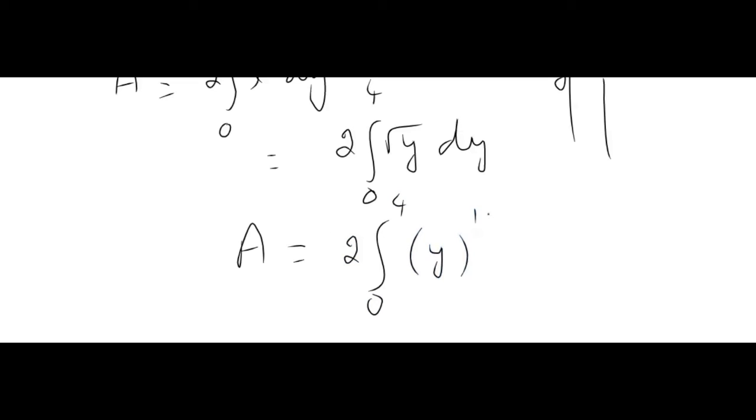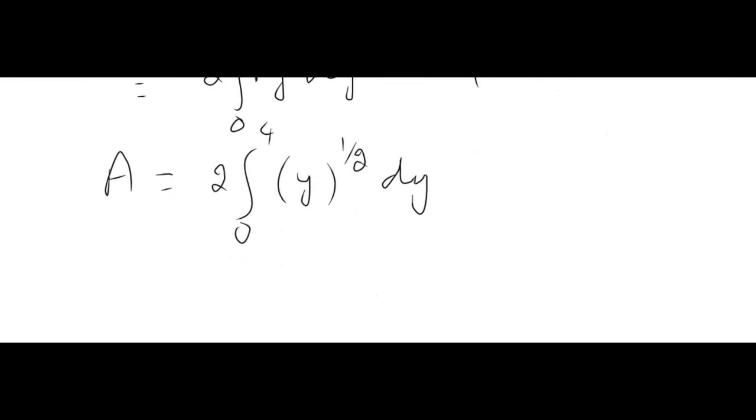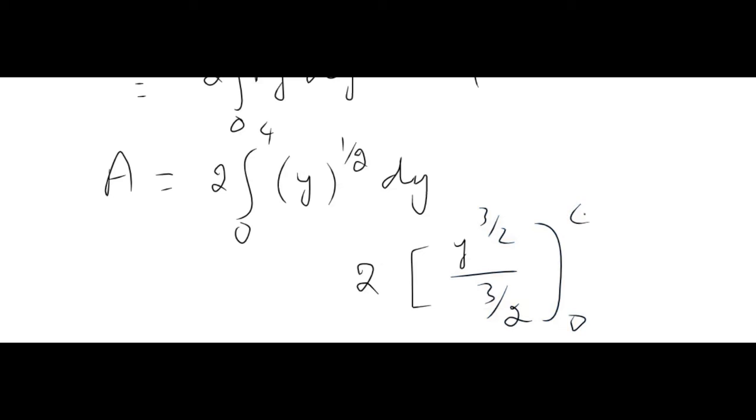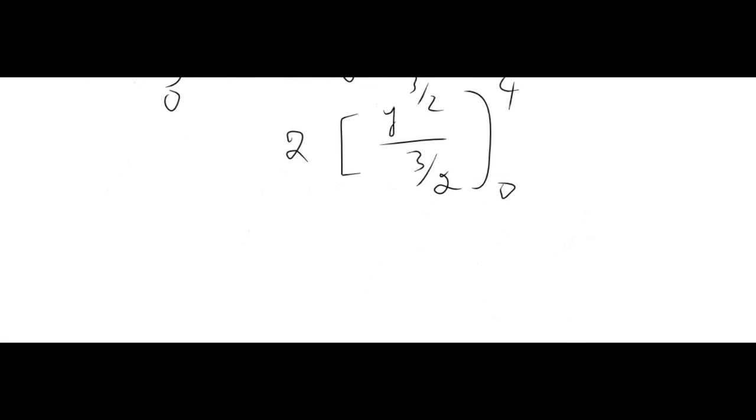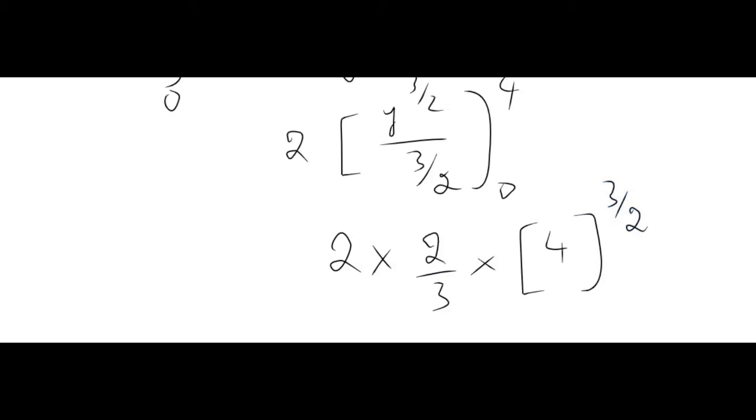I can write root y as y to the power of half dy, which after integration I'll get as y to the power of 3 by 2 by 3 by 2 between the limits 0 to 4, which is nothing but 2 times 2 by 3 into, in the place of y, 4 raised to the power of 3 by 2.